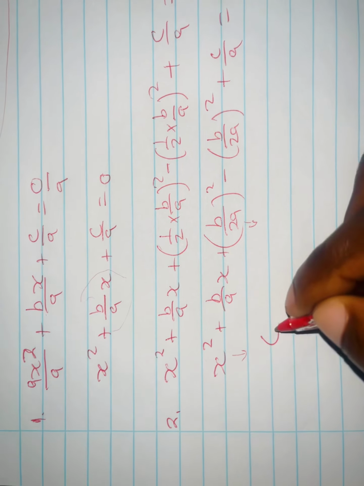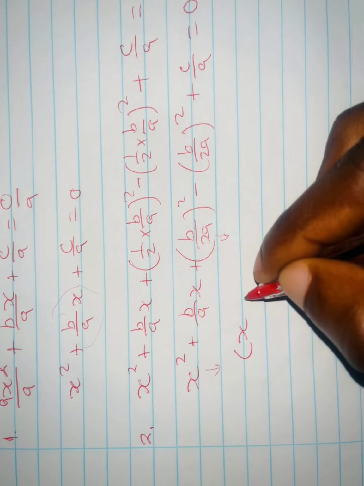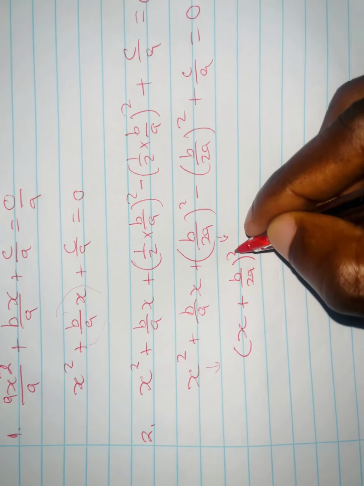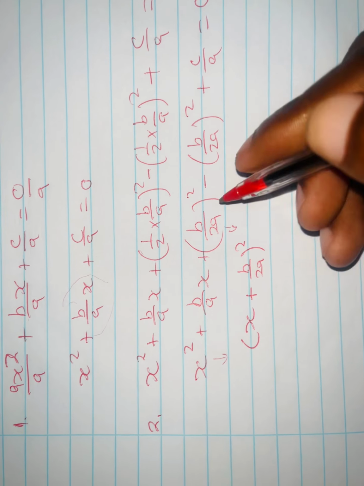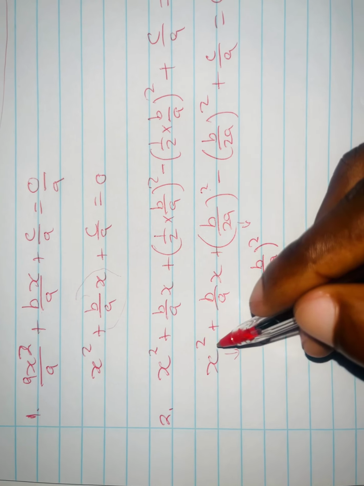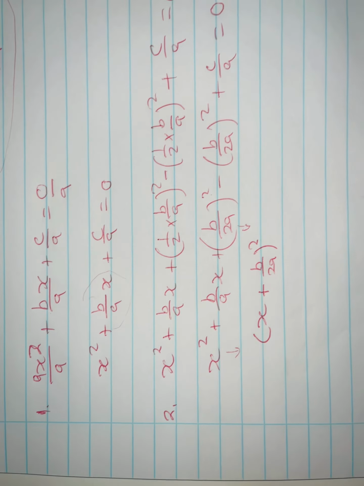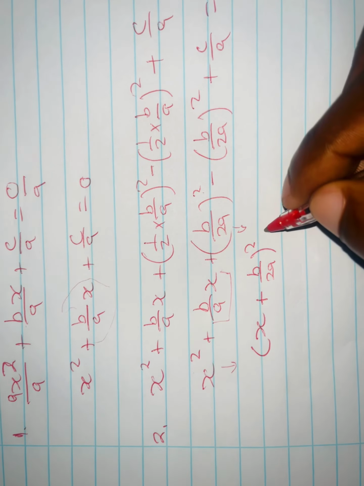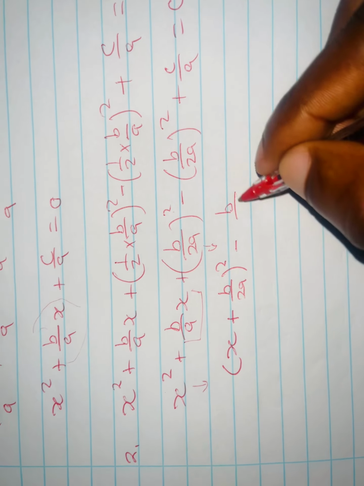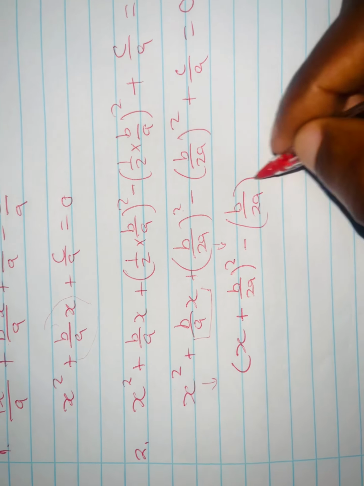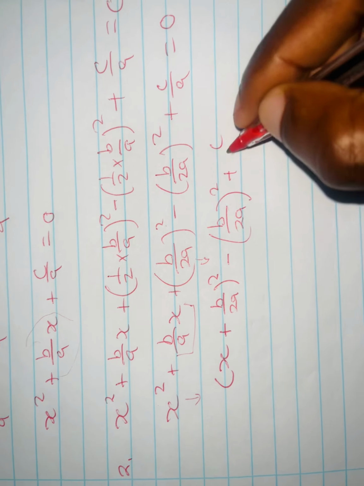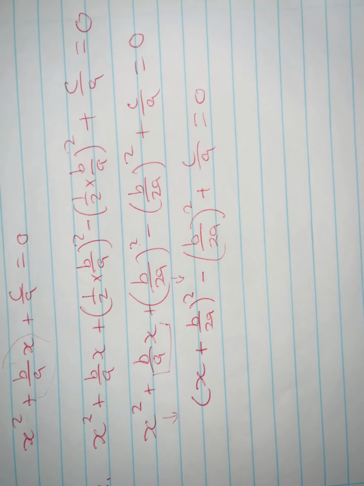Now we know completing the square, we need to drop this into one bracket. So we're going to open a bracket and drop our x plus b over 2a all squared, because these terms make up the square, so we're going to use that. We ignore this, we no longer need it, so you're going to have this all squared plus c over a equating to 0.